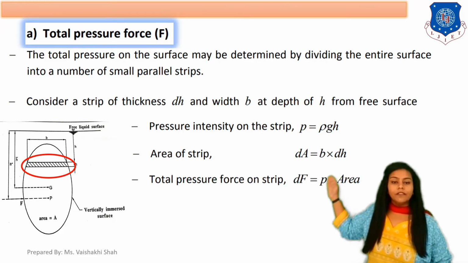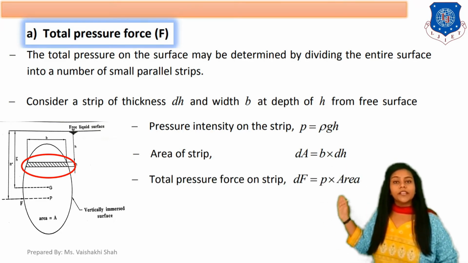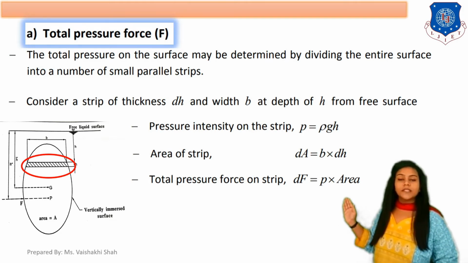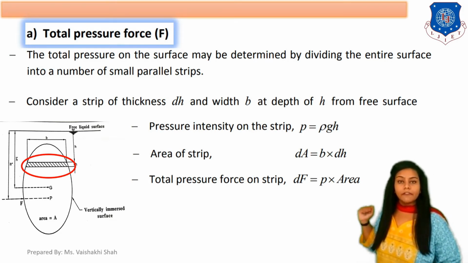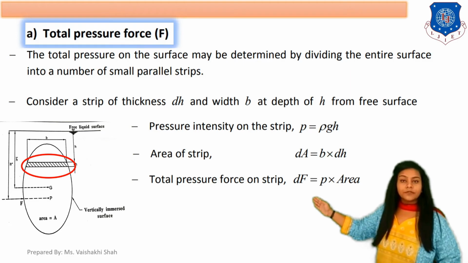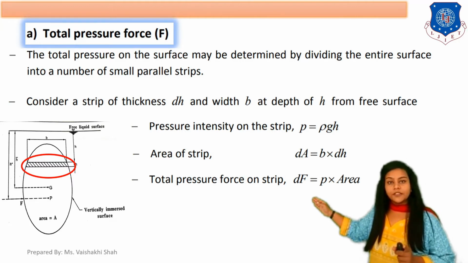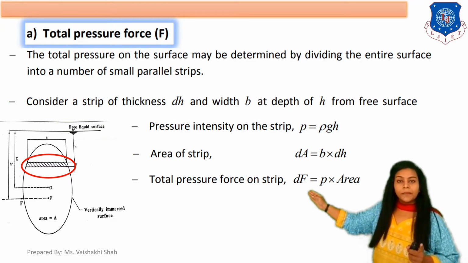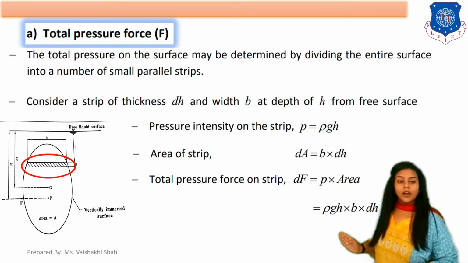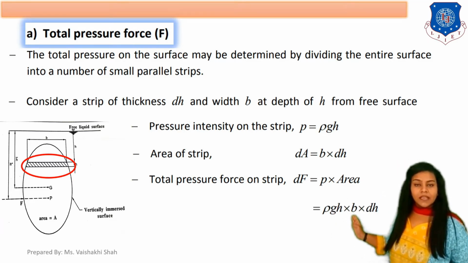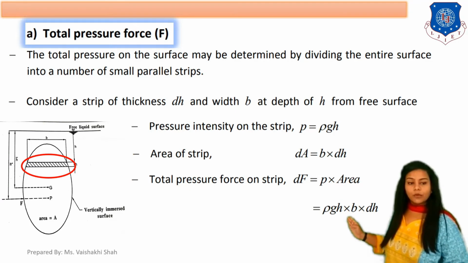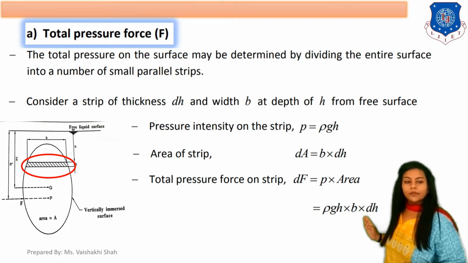Now we will find out the total pressure on this strip, which is indicated as dF. As we know, force equals pressure into area. So the pressure is P, which is rho into g into h, and the area is b into dh.